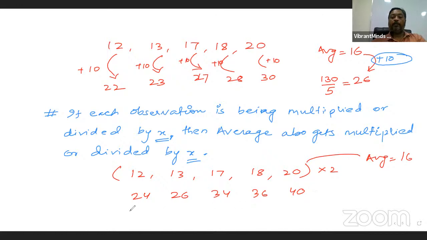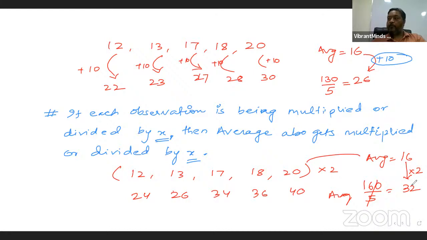What will I get as the average here? 24 plus 6 is 30, 30 plus 20 is 50, 50 plus 4 is 54, 54 plus 30 is 84, 84 plus 6 is 90, 90 plus 30 is 120, 120 plus 40 is 160. 160 by 5. What will be my average? My average will be 32. Now see, it has been multiplied by 2 also.